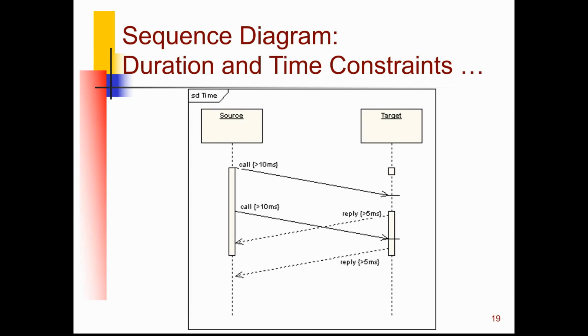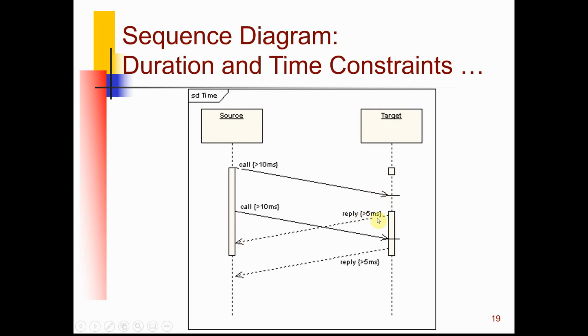However, in some situations, especially in a distributed system, you have a call over the internet, and the function call itself will take time to arrive. In that case, we use the duration and time constraint of the message. Here this message is not a horizontal line anymore. It's a line going down a little bit, showing that this call will take more than 10 milliseconds to arrive. And the reply will also take more than 5 minutes to arrive.